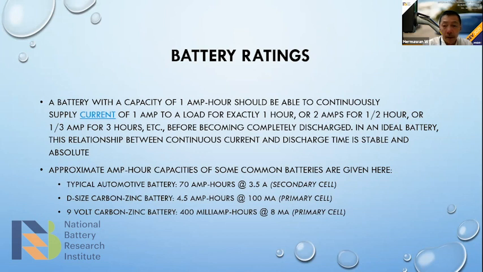If we're talking about 70 ampere hour, it means it can give 3.5 ampere over 20 hours, but we cannot say 7 ampere in 1 hour. It's different. We must see again what the hour is.